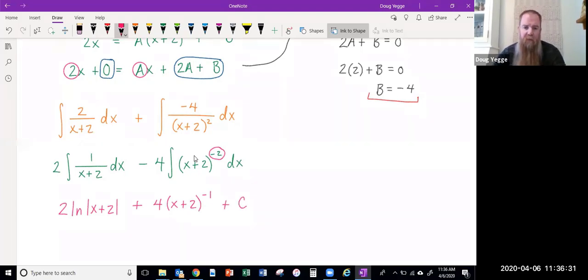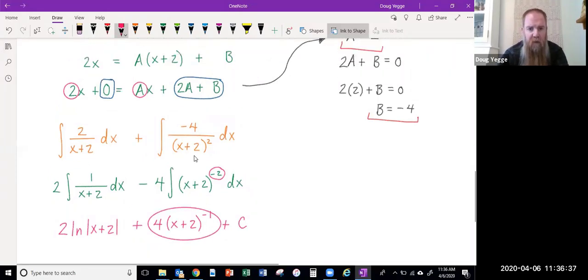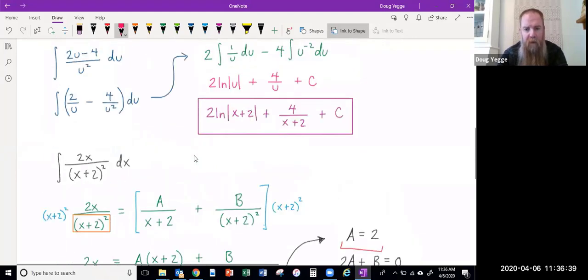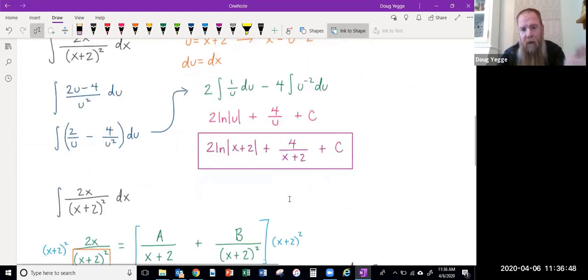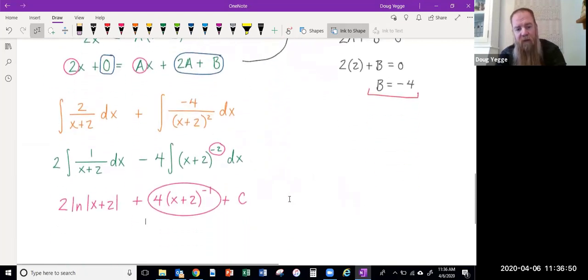And sure enough, if you simplify that, this becomes 4 over x plus 2. You should notice that it's the same thing we ended up getting by U-substitution. So it's a longer process, but sometimes you're not even able to use U-substitution. So this is why you need to be able to do this decomposition to turn each separate integral into a form that is, well, integrable.